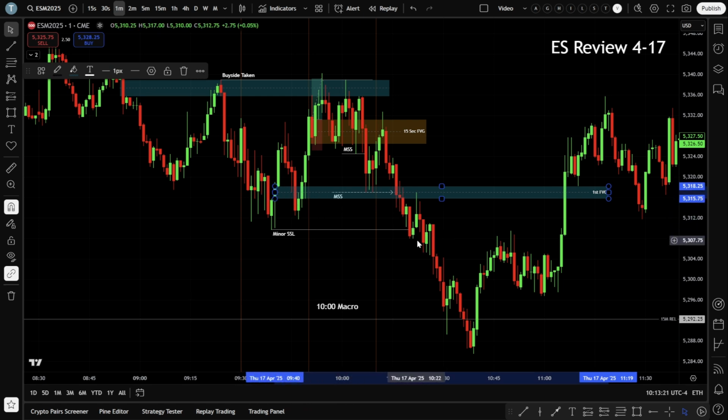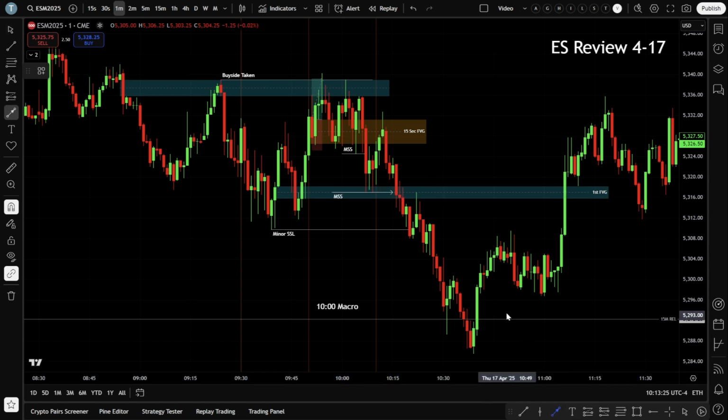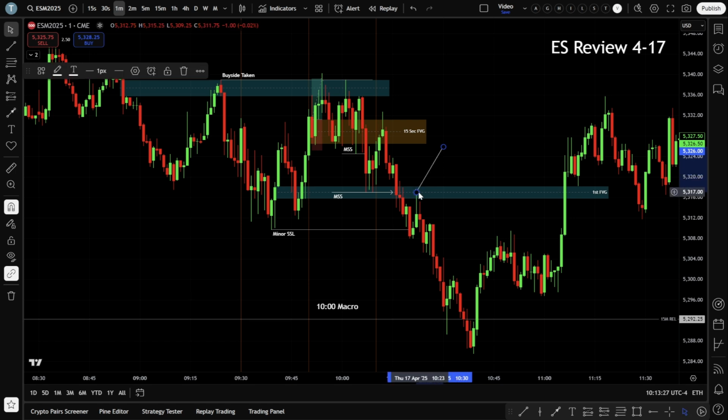So now that we've dropped below it, price comes back up, and that right there is another trade opportunity to go short. Right as price comes into this fair value gap, it's the perfect opportunity to sell short.